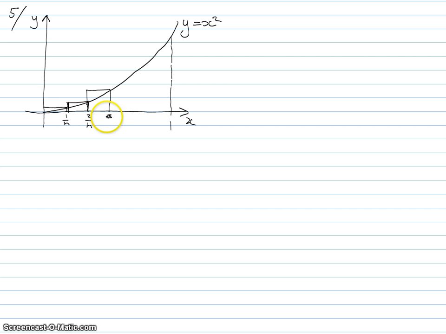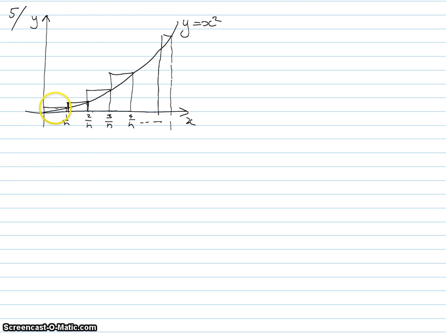We'll get 3 over n, another 1 across. We get 4 over n, all the way up until we get the final triangle at 1. And we're asked to find out what's going to be the sum of these areas. If we added up all of these rectangles, what would we get?